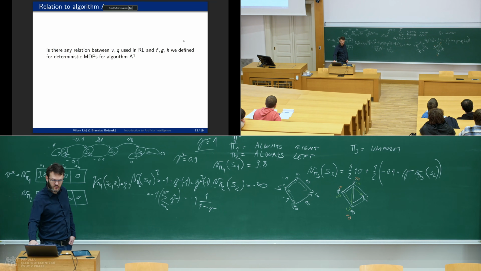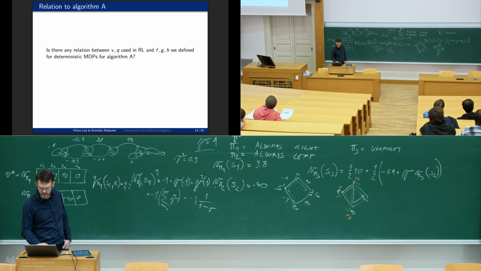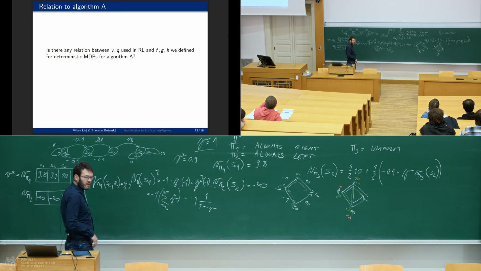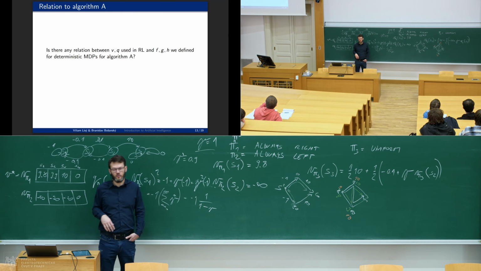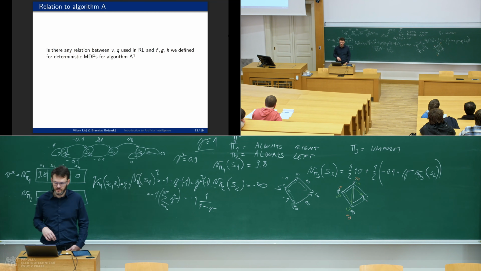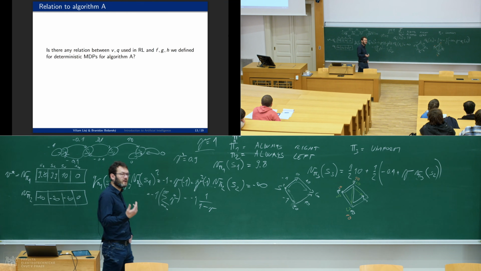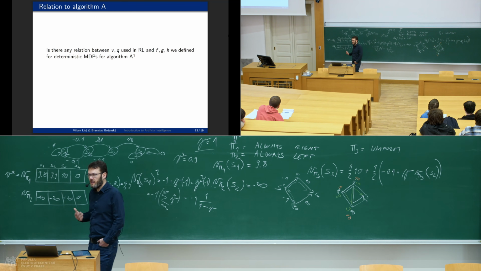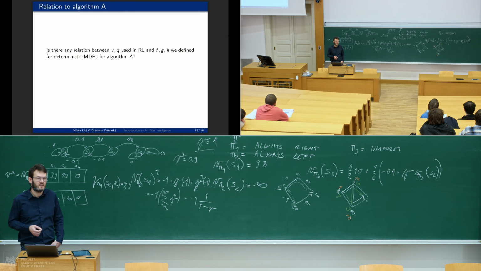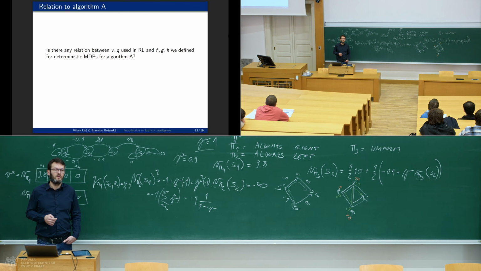Okay, last question about the value functions. Is there any relationship to the A and A star algorithm? There, we were also working with some values of F, G, H. Do you remember what it was?